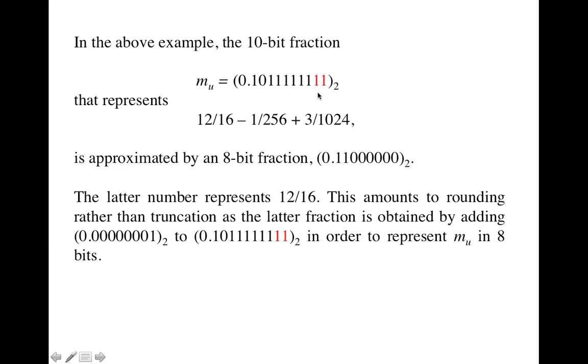This number is somewhat fictitious because it's got more bits than we can afford, and therefore with rounding it goes to the number that is the larger of the two, without rounding, but truncation, it goes to the number which is just below that largest number, which is in this case 12 over 16 minus 1 over 256. So that's really the difference between rounding and truncation.